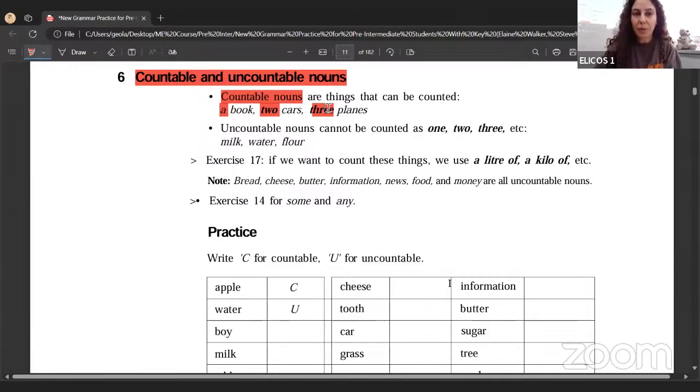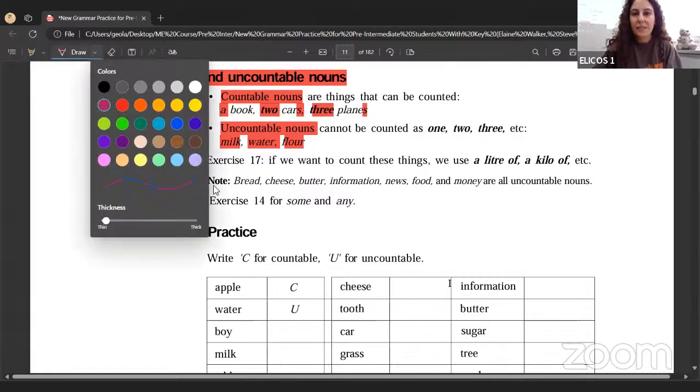And you can see when you have the plural, I know very simple rules, you add the S to make it the plural. But what about uncountable nouns? These are words that cannot be counted. You can't say 1, 2, 3. So we know it's like milk, water, flour.